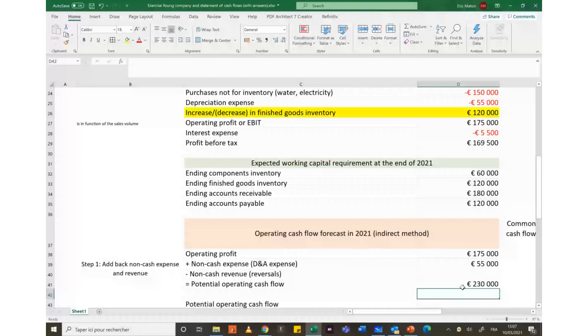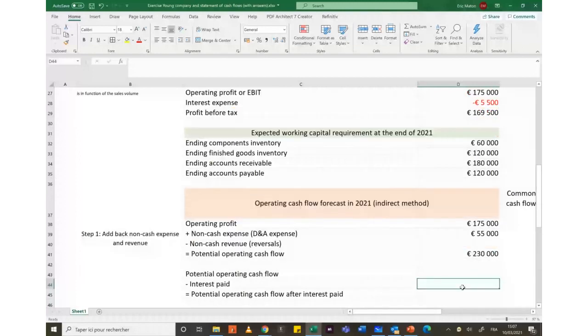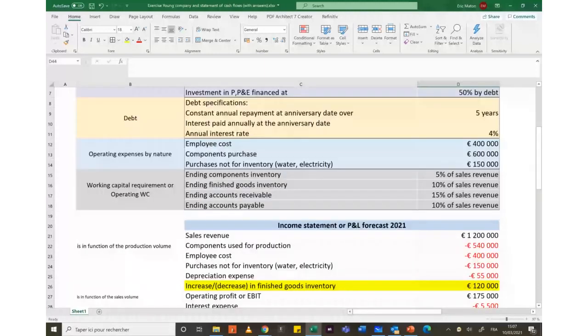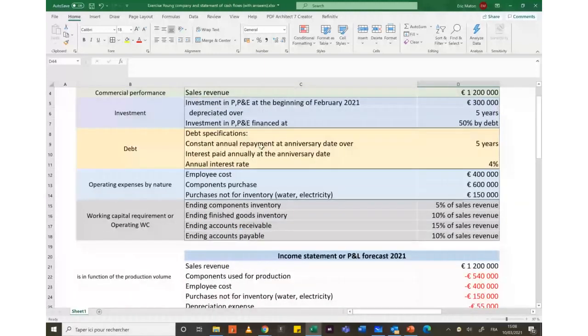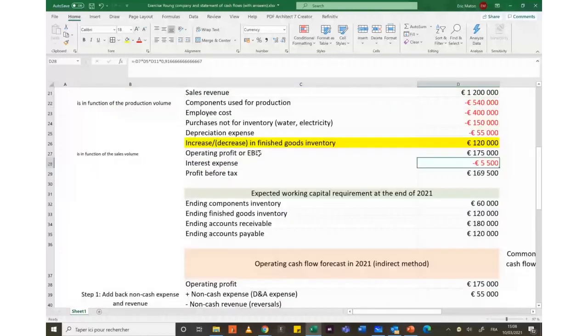What do you do with the potential operating cash flow? You have to pay the interest. What you pay for the moment is nothing, because we say the interest is paid annually at the anniversary date. So you have a very good negotiation with the bank: you negotiate to pay the interest only one time per year, and you pay nothing for the moment. So we don't have interest paid. With all the interest expense, what you are creating here is accrued interest payable.